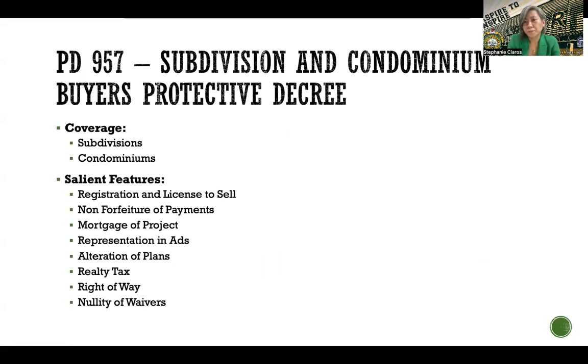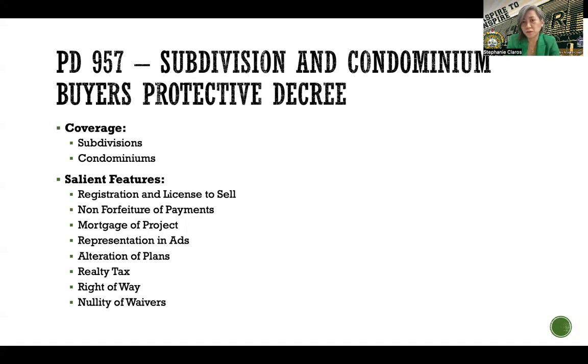Okay, another special law which grants rights to buyers of real property is Presidential Decree 957 or the Subdivision and Condominium Buyers Protective Decree. So coverage of this law is the purchase of subdivisions, house and lot, and condominiums.